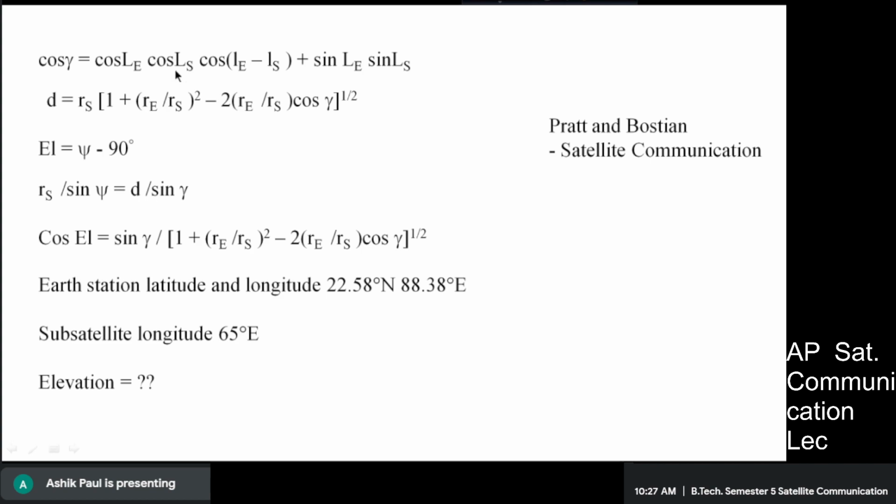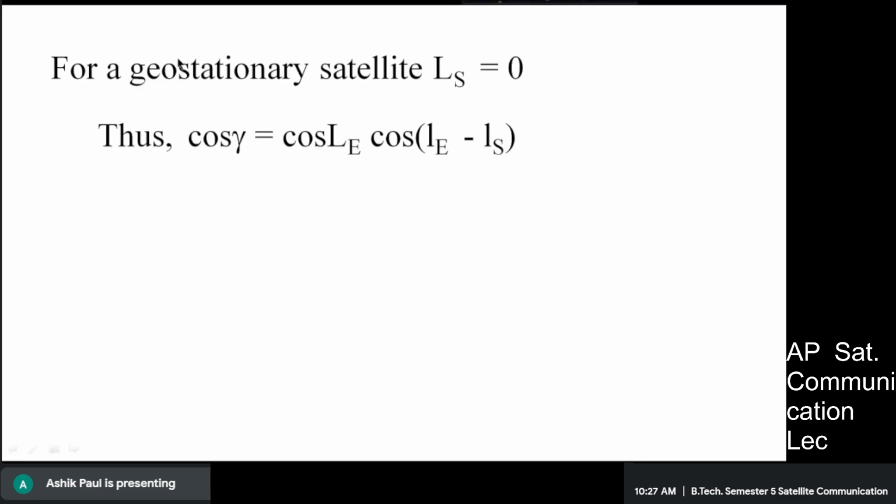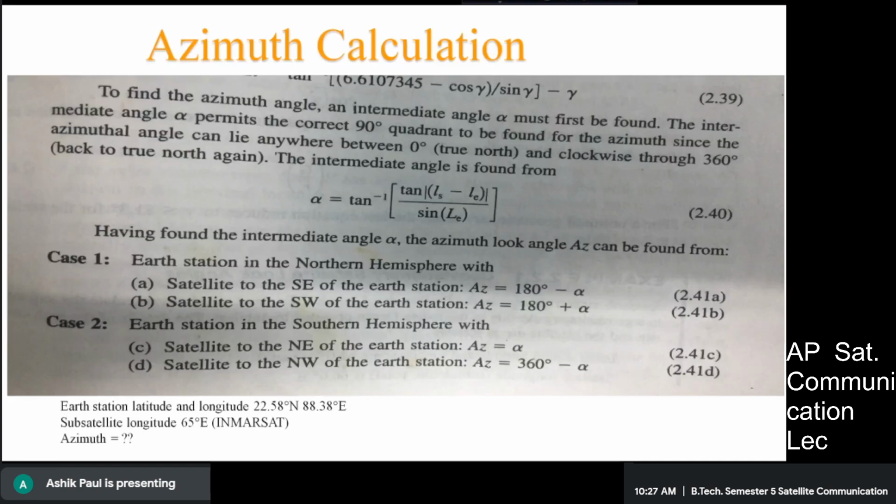So basically you will be left with only cosine of this earth station north latitude and this term, because this will be 1. So for a geostationary satellite, some simplification does take place for that equation.